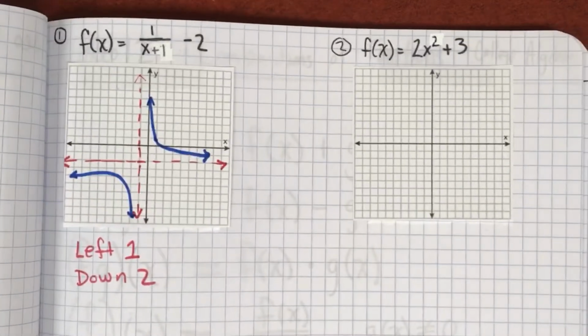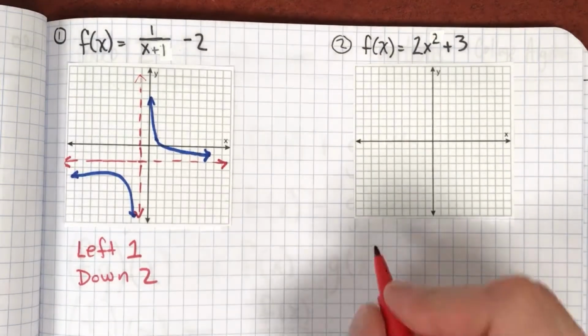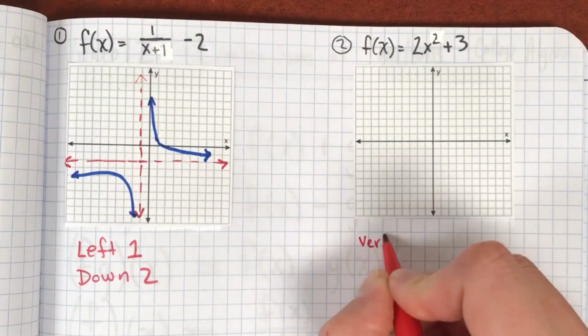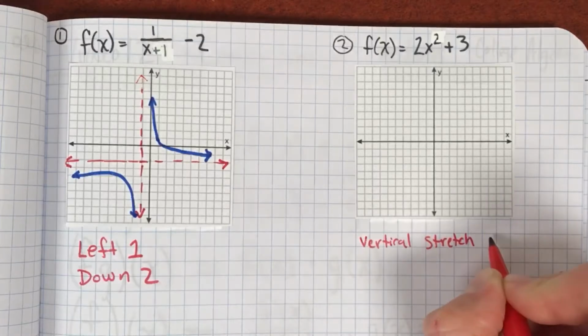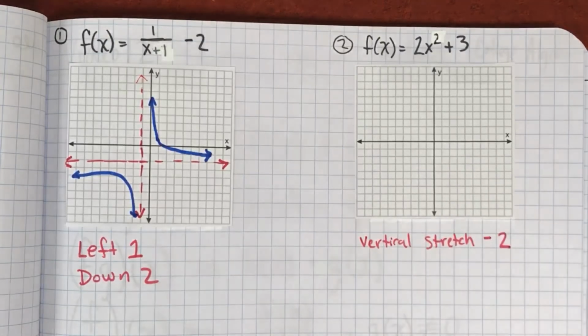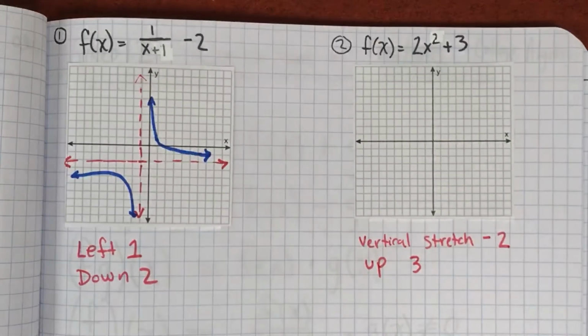All right, our next one, we've got 2x squared plus 3. So for this one, we've got that a value, and so this would be a vertical stretch of 2, and we are moving up 3.